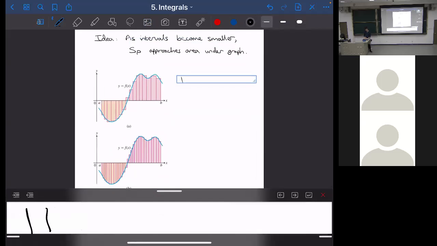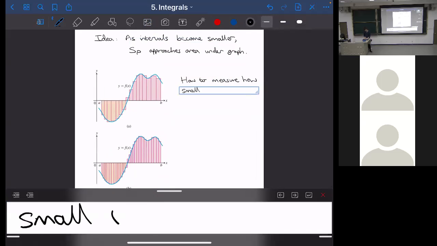But the question is how to measure how small the intervals are.